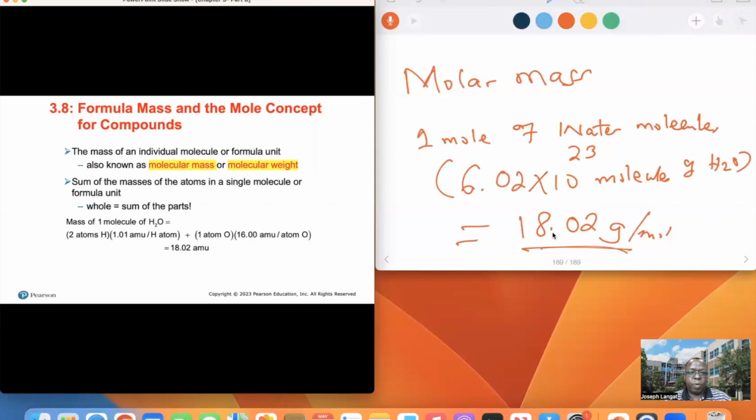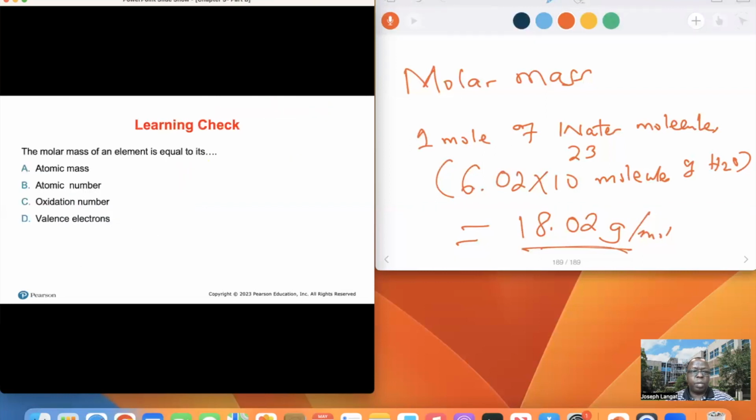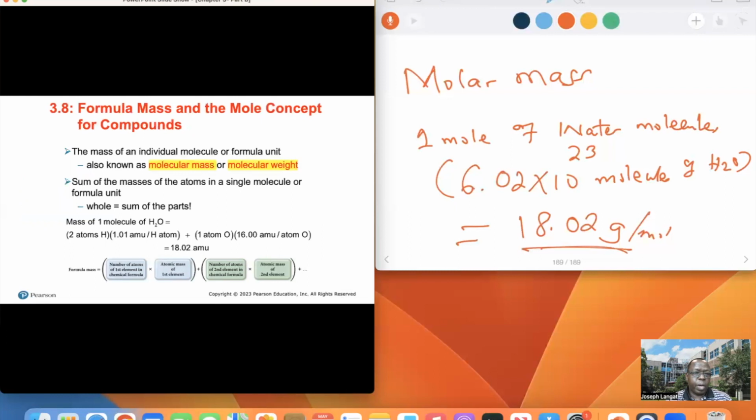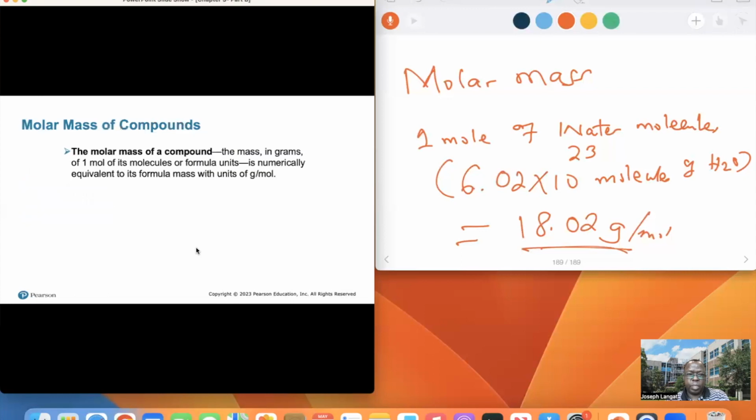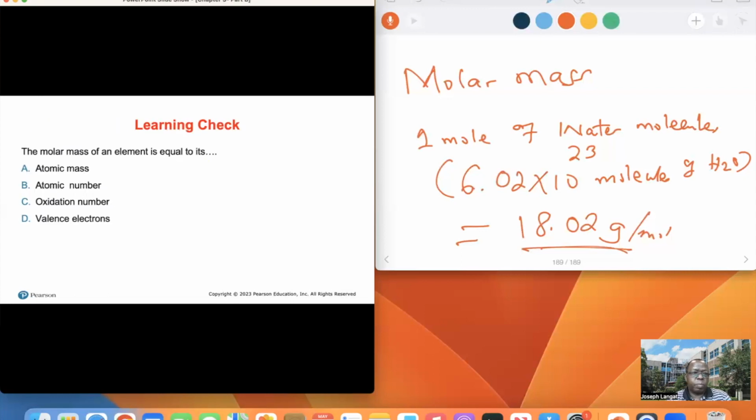That means you have Avogadro water molecules. When you do that, please remember there's a difference between molar mass and atomic mass. Atomic mass is in AMU, molar mass is in grams per mole.